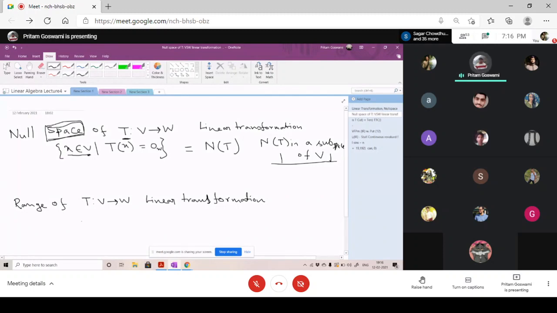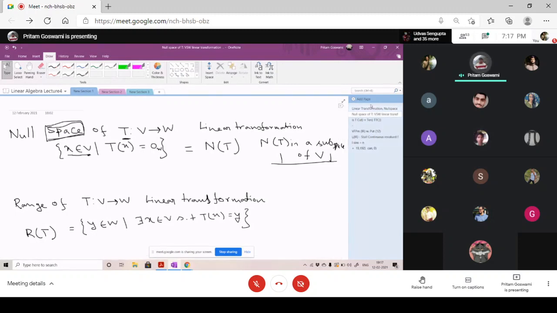So the image set, basically you can define it as the range of the linear transformation T is defined as all the Y belonging to W such that there exists some X belonging to V such that T(x) equals Y, the image. Clear?